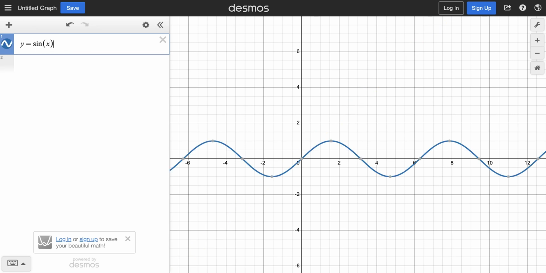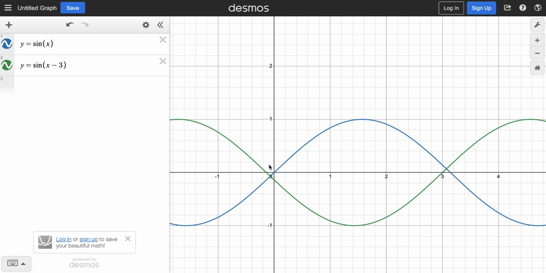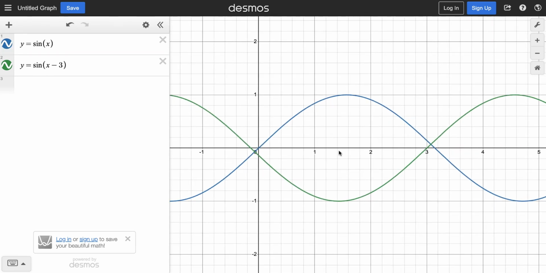So if you have sine of x, I'll just put this up for comparison. If you put a minus 3 here, look what happens. You've basically moved the original function 3 units to the right. Look, if I'm comparing this point, the next point for the other graph is shifted 3 units.